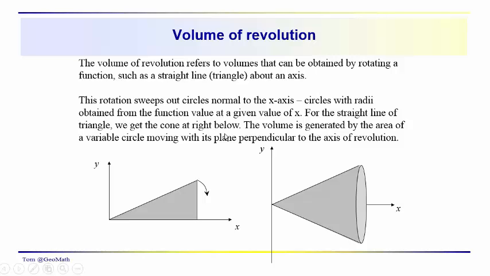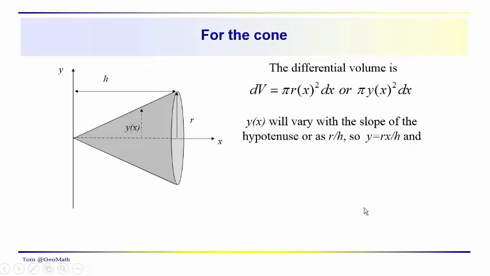So the volume is generated by the area of a variable circle moving with its plane perpendicular to the axis of revolution. So over here, the differential volume element is going to be pi r of x squared, or pi y of x squared.